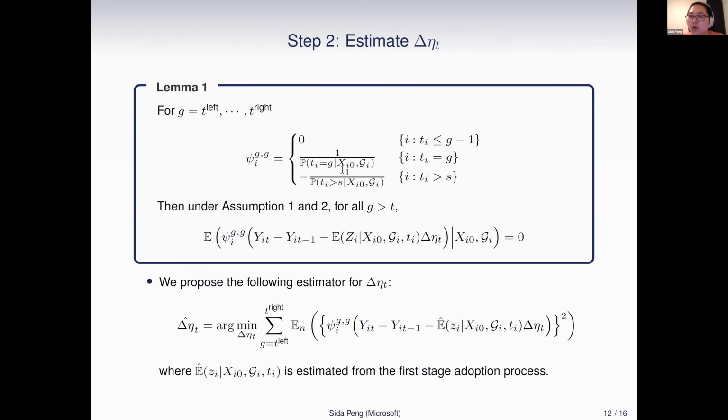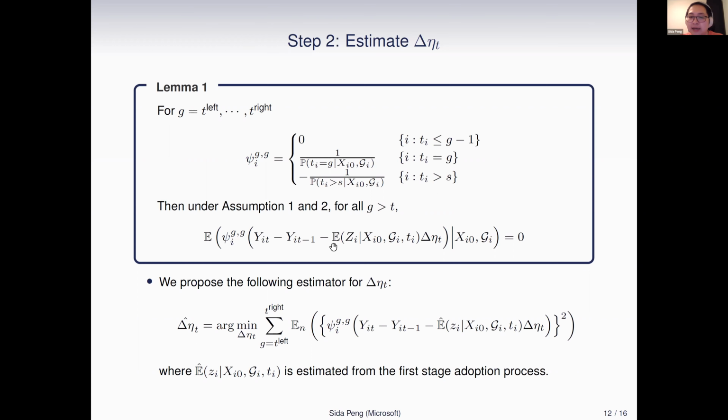This is nothing more than the inverse propensity score, the standard IPW estimate, but we are writing it in the staggered adoption framework. With this weighting, under the parallel trends assumption and the independence assumption for the duration model, we can show that the expected value of this quantity is 0. Here Y_t and Y_t minus 1 are all observables.